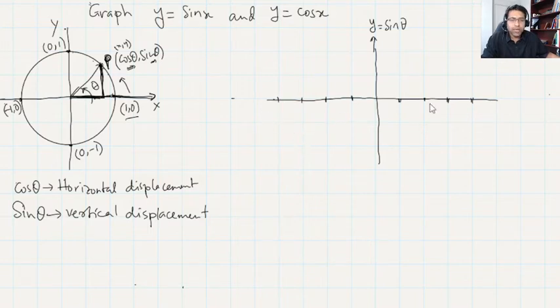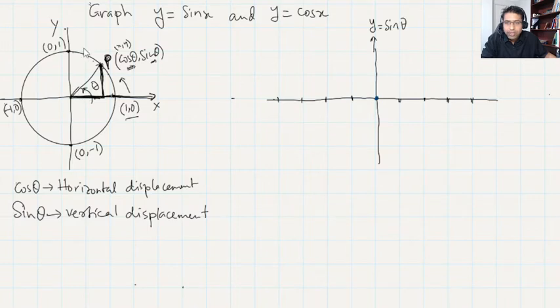Right, so if I want to draw up to that range, the period, then what you are looking at here is that the vertical distance will be 0 at 0 degrees. So we are getting a point here. If I use a different color for the sine graph, this is 0 here.